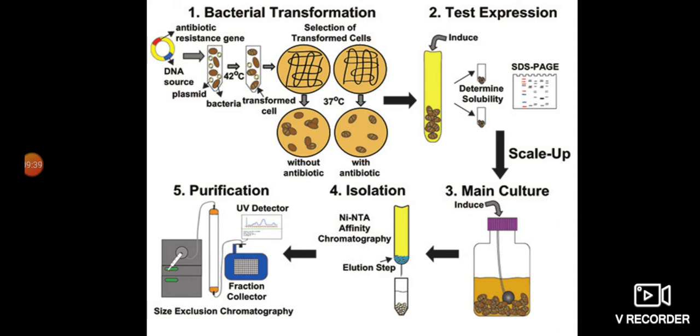For that particular protein you can determine the solubility, then study the protein, and then scale up into lab culture, then batch culture, and isolate the protein of interest from the spent media by chromatographic methods, especially affinity, then go for further purification by using size exclusion and affinity, and then confirm the presence of the protein and quantify it.